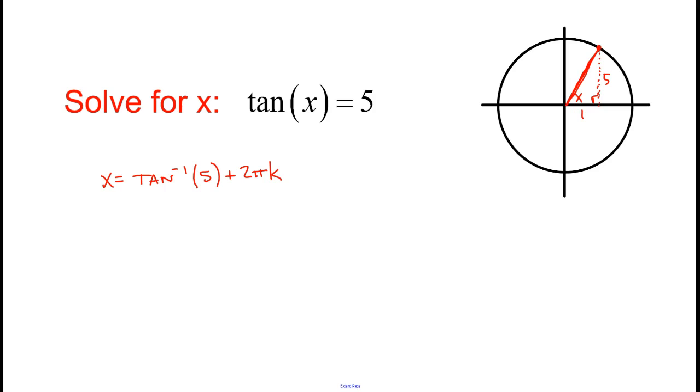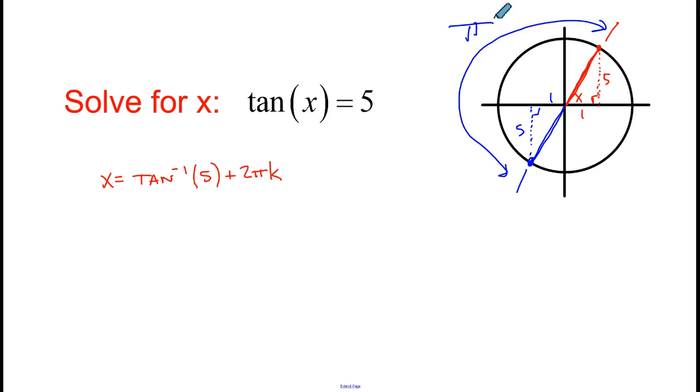Let's think about what happens down in quadrant 3, to the other set of angles that have that same tangent ratio of 5. So I have the opposite over adjacent ratio of 5 to 1, and there's something interesting about going from this angle to this angle. I hope you remember that those are pi radians apart.